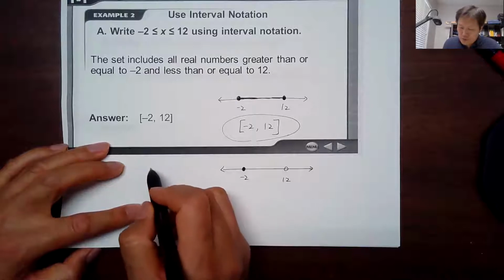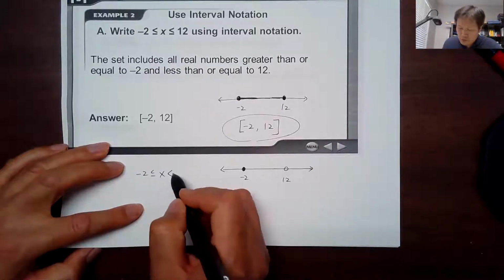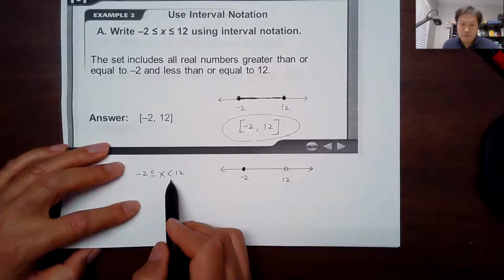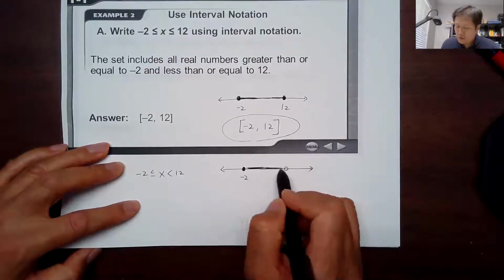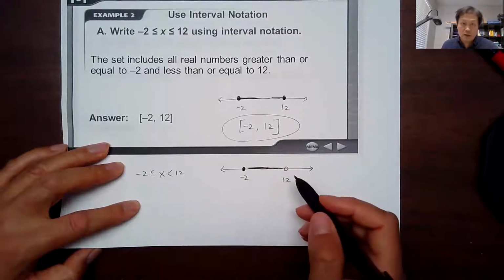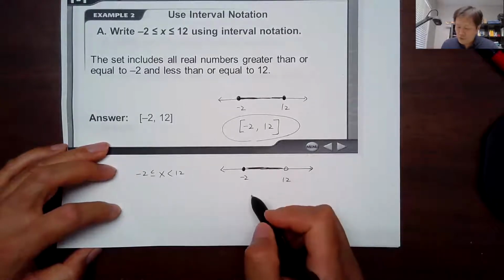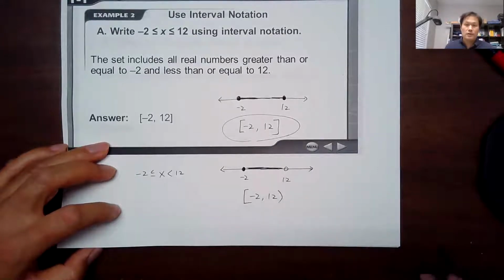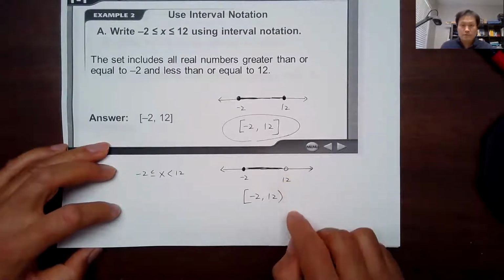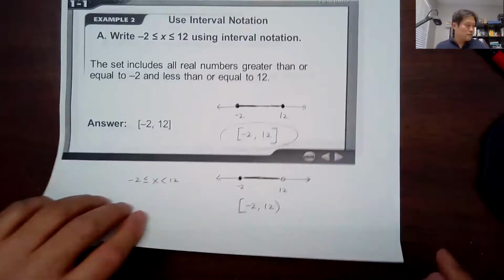What if this was minus 2, 12 without equality here? Then your interval notation would be minus 2, 12, bracket, parenthesis. So parenthesis doesn't have an equal sign.